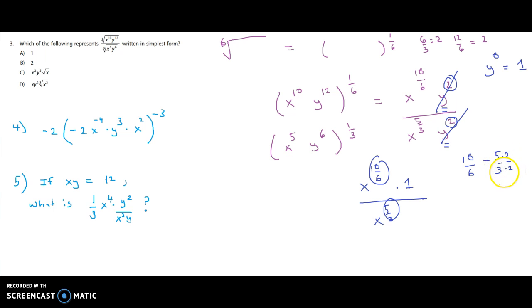That gets us to 10/6. So it boils down to 10/6 minus 10/6, which is 0. And like we talked about, anything to the 0 power is just 1. So it looks like these cancel off as well, leaving us with just 1 times 1/1, which is A.